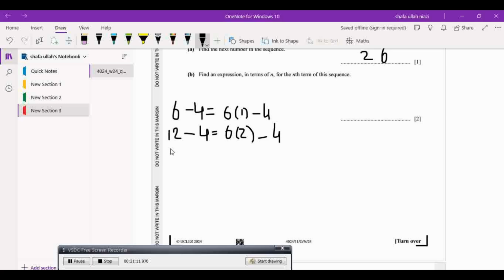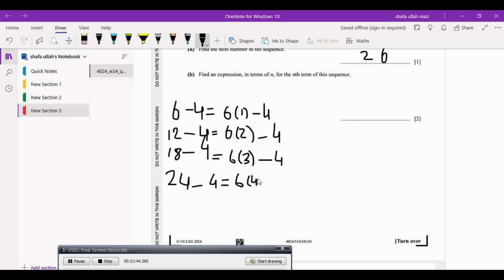The next is 14. 14 is actually 18 minus 4. 18 is 6 times 3, and then minus 4. So next is 20. 20 is actually 24 minus 4. So it is 6 into 4 minus 4.